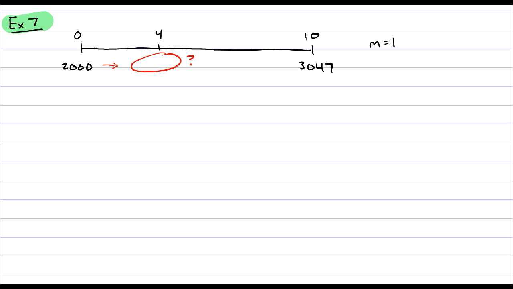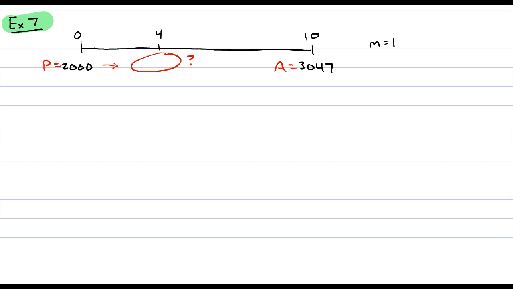So now this first step of this problem is really similar to example 6 that we had just done in the previous example. So I'm going to use P equals 2,000 and A equals 3,047 to solve for the interest rate.